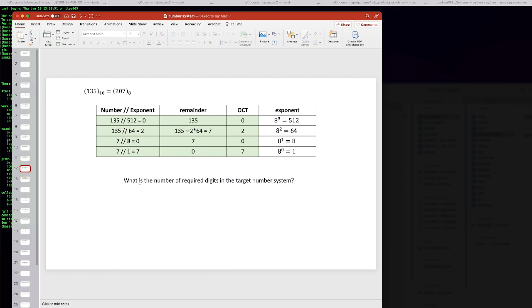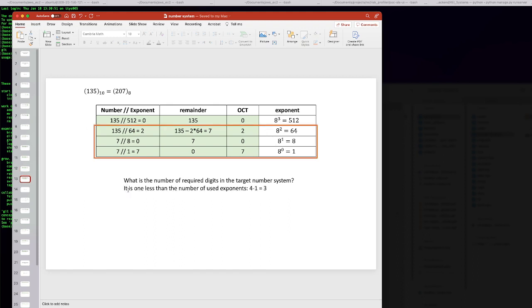So one question here is, what is the number of required digits in the target system? Obviously, if you have this table, the number of required digits is 3, right? So it is whatever the number of these rows are, 1 less than those numbers.